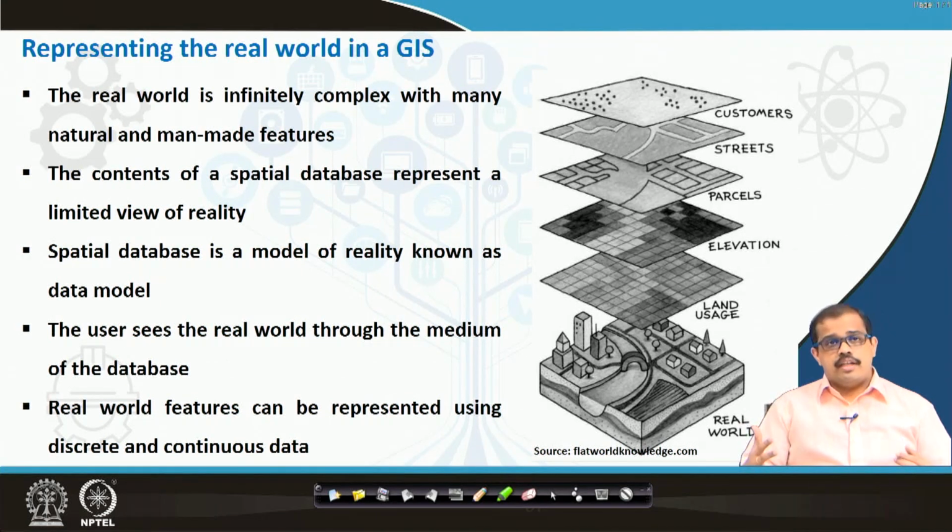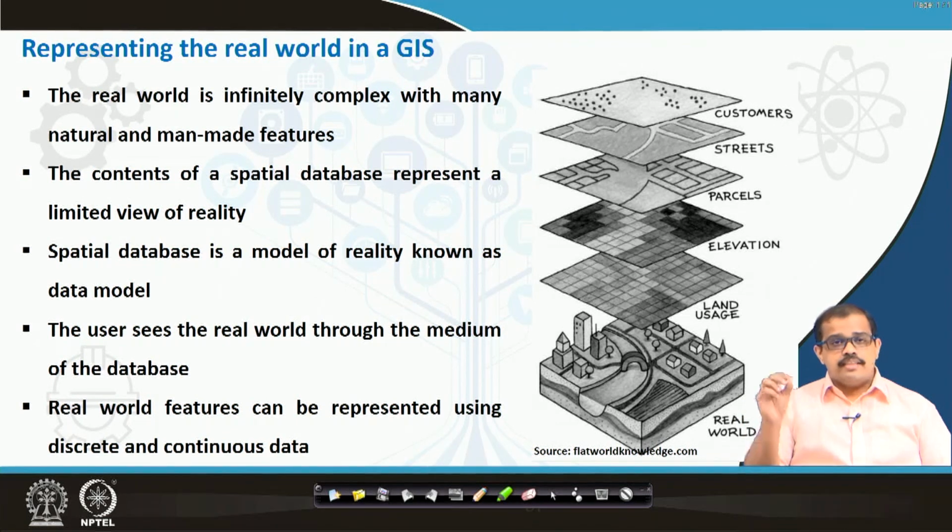Once we convert it to a data model in a spatial database, as I said, it only represents a limited view of reality, because everything is in the form of entities and relationships in the database. A spatial database is a model of reality known as a data model. Whenever you look at a data model, you are spelling out that this is a model of reality and is representing the real phenomena.